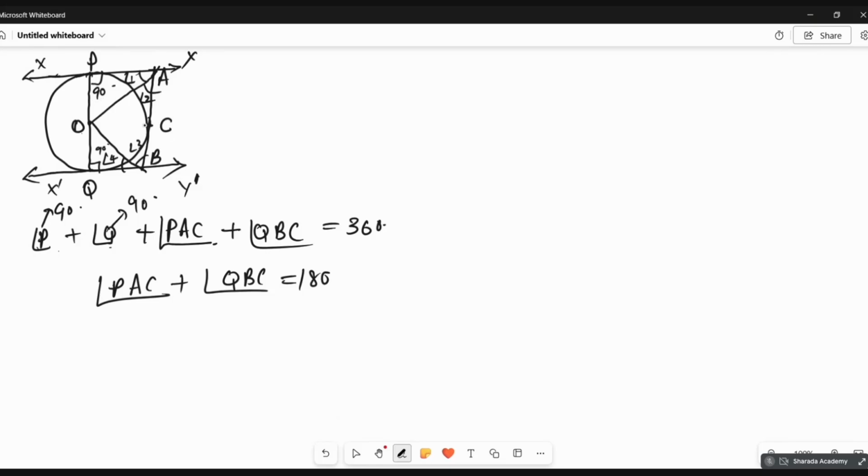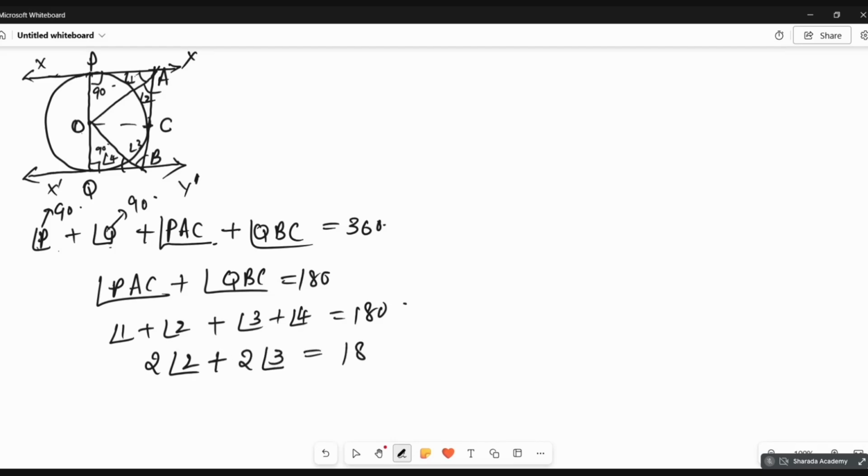Now what is PAC equal to? PAC is equal to angle 1 plus 2. I can write 1 plus 2 plus 3 plus 4 is equal to 180 degrees. But I know 1 and 2 are equal by the congruency rule, and 3 and 4 are equal by the congruency rule. So instead of angle 1, I can write angle 2 only. So 2 times angle 2 plus 2 times angle 3 is equal to 180 degrees, because angle 1 is equal to 2, 3 is equal to 4.